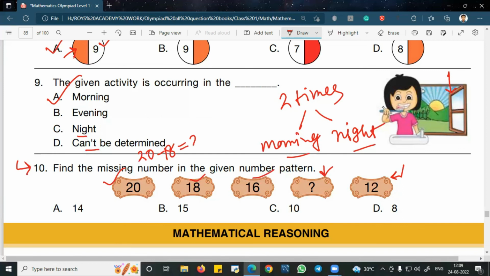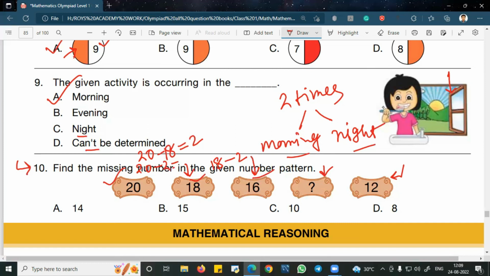That means the next number is reduced, or we subtract 2 from the previous number. So 20 minus 2 gives us 18. Next we recheck: 18 minus 2 gives us 16. So the third one is 16.